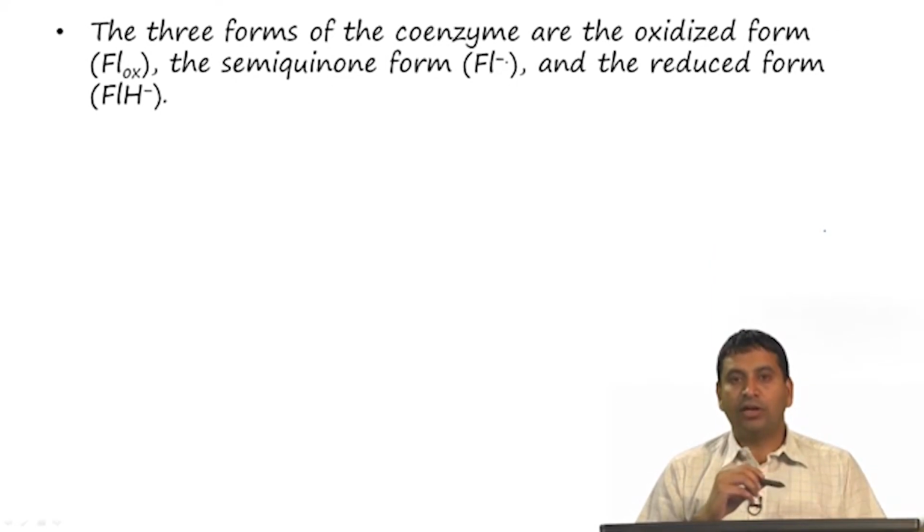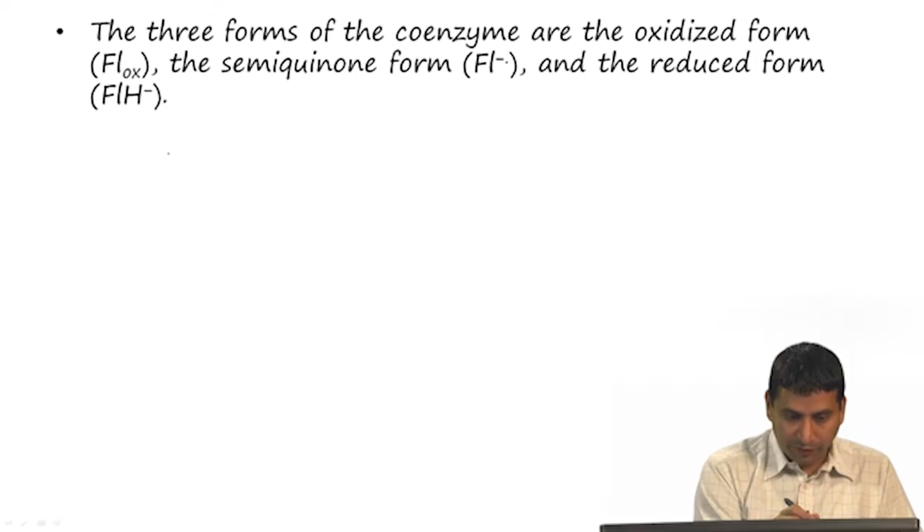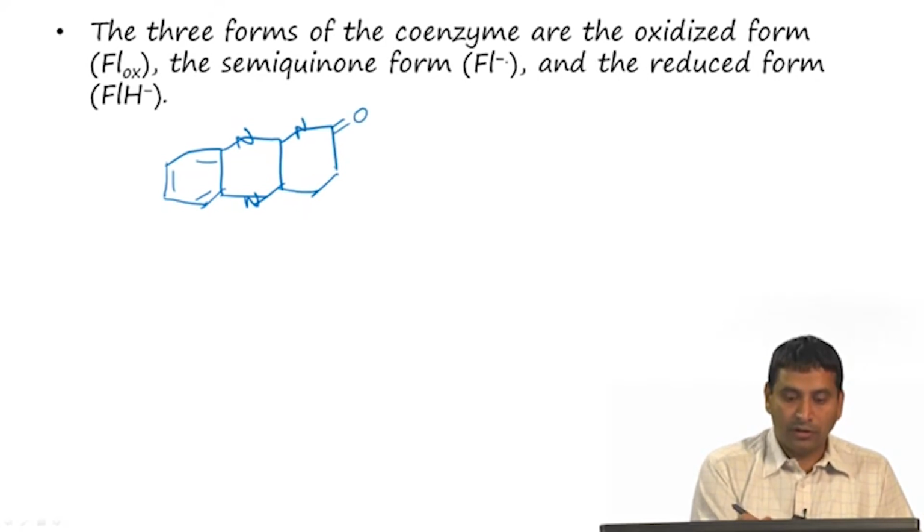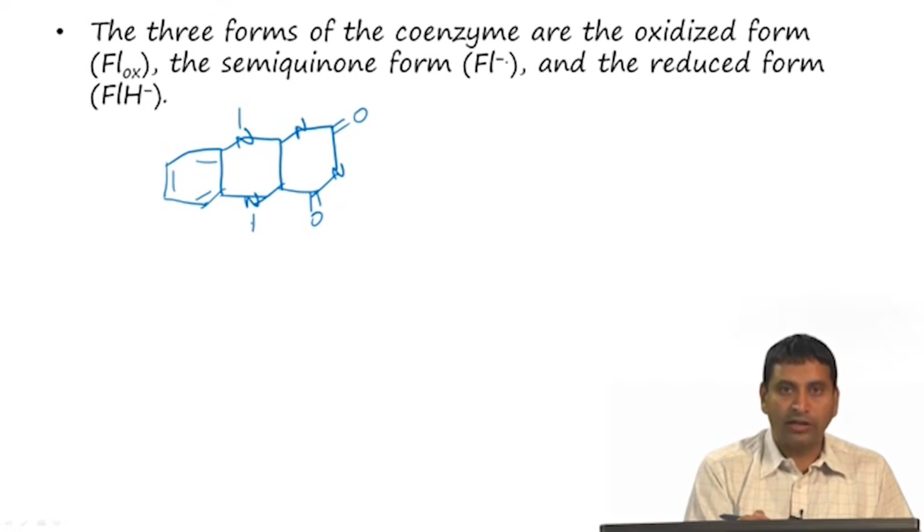Now, let us look at some of the aspects of how this flavin works. Here I am going to draw the structure of flavin on the left. Basically the tricyclic system is as follows. It has a benzene ring, and it has a nitrogen, and the third cyclic system is here, which has a C double bond O, nitrogen, C double bond O, and this structure has 2 nitrogens in the center, and this is the methyl group CH3.